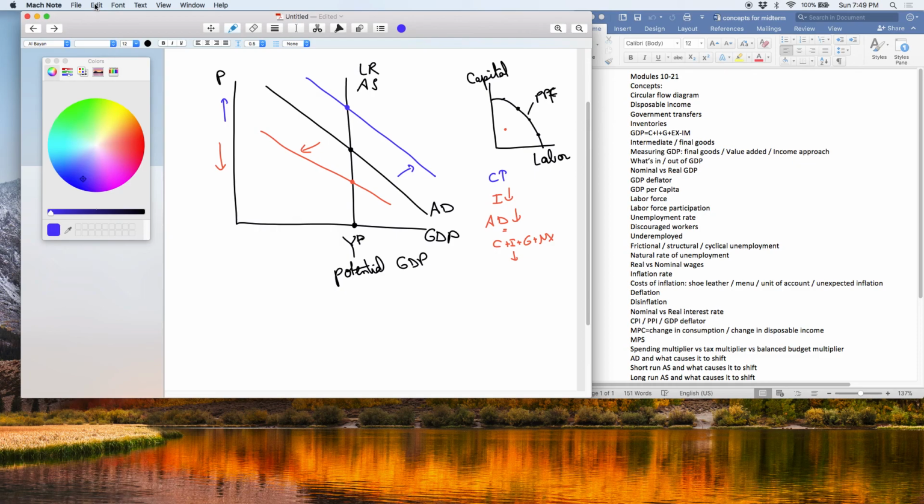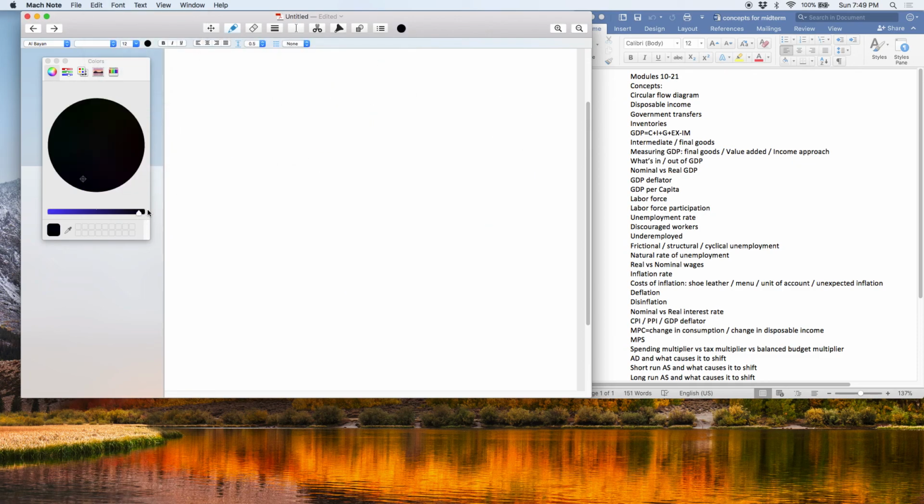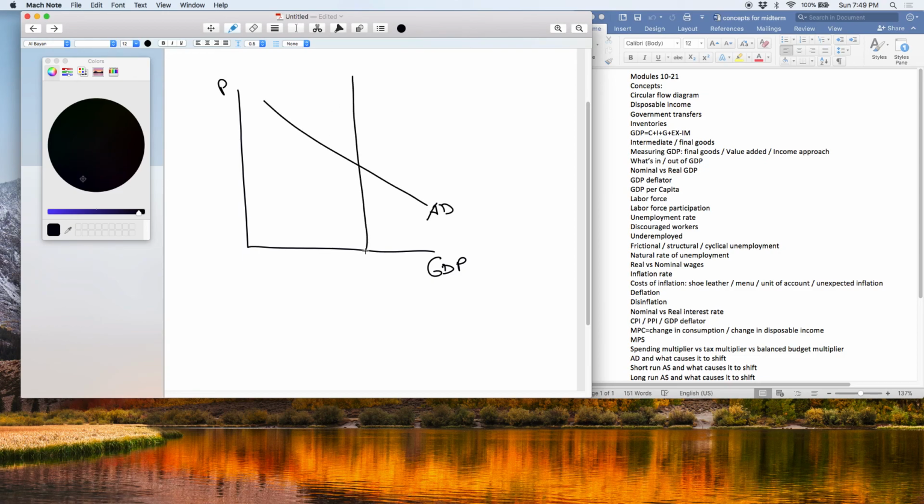Okay, so in comes Keynes, and Keynes says that in addition to the long run aggregate supply curve, so we have our aggregate demand curve, right? And we have our long run aggregate supply curve.